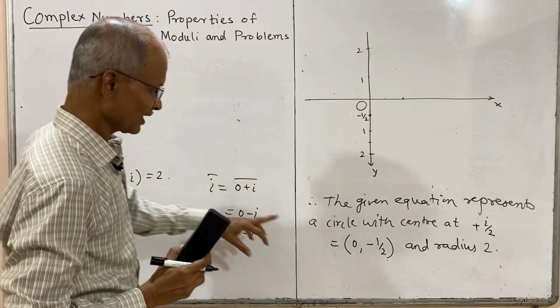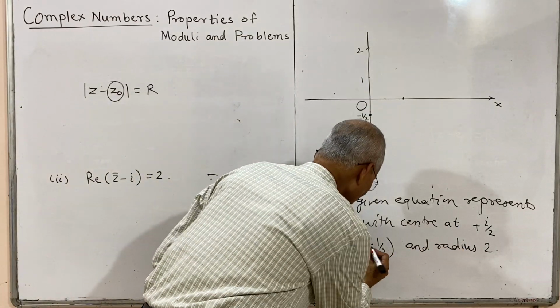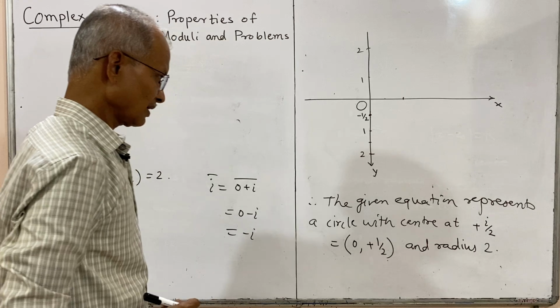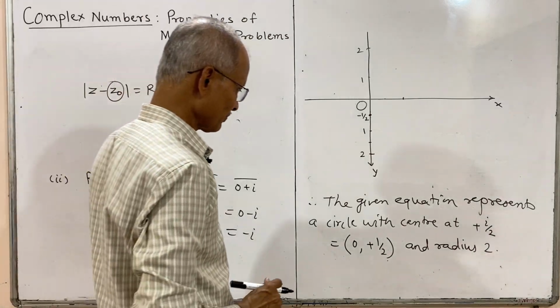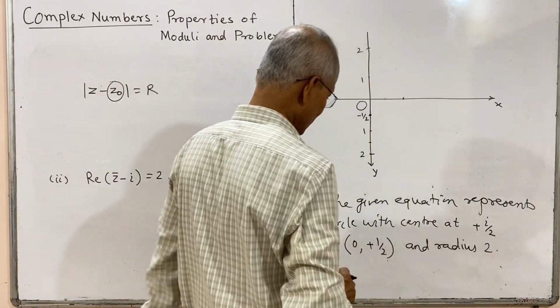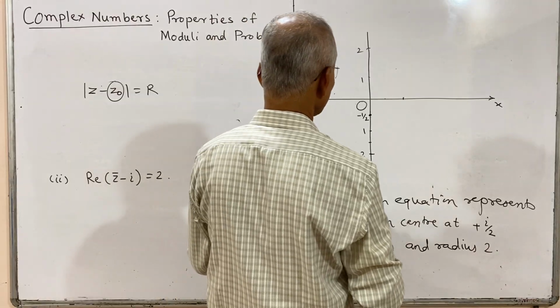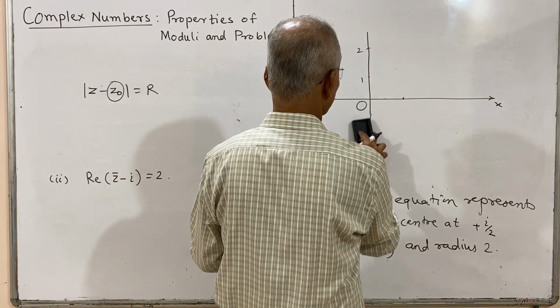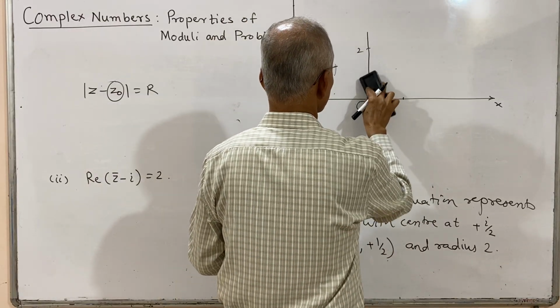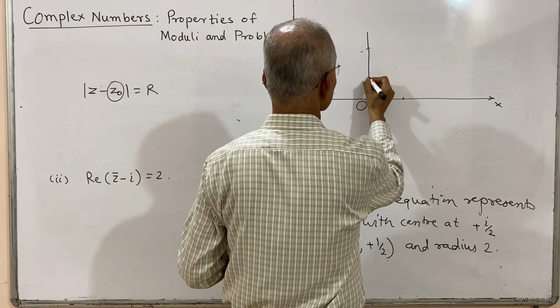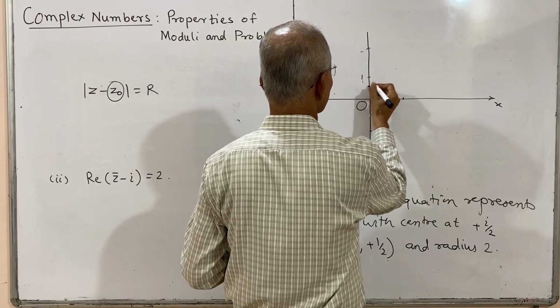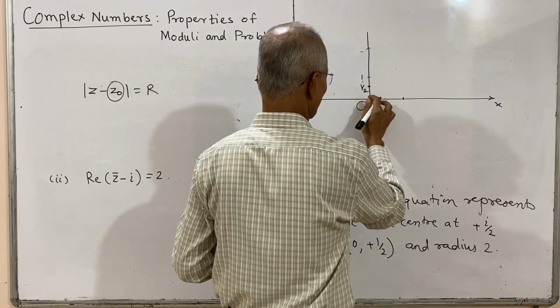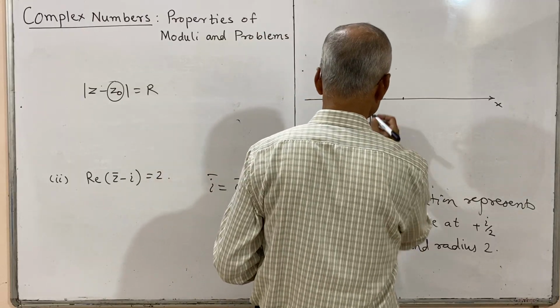So no negative sign is to be taken, and therefore the center is at 0, half, on the positive y-axis. If this is 1 unit, the center is at 0, half. This is the center, and the radius is 2.